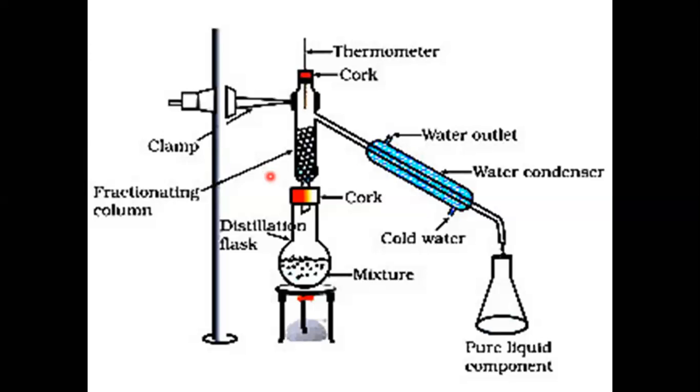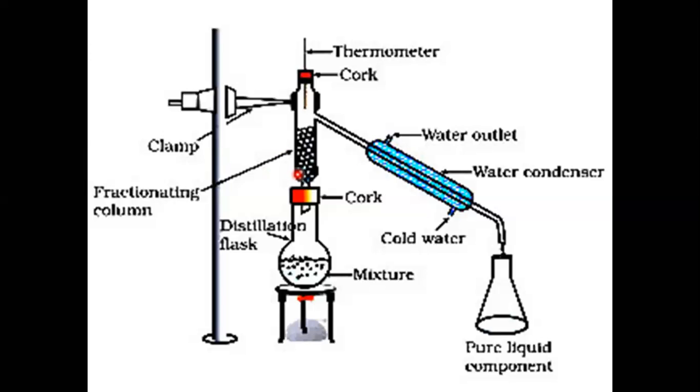The fractional distillation method is used to separate crude oil. It is also used to separate different components of air. The first step is to liquefy air. This is done by compressing and cooling.